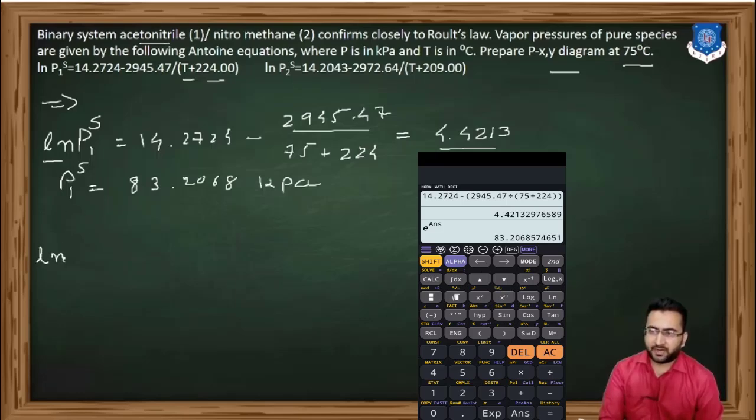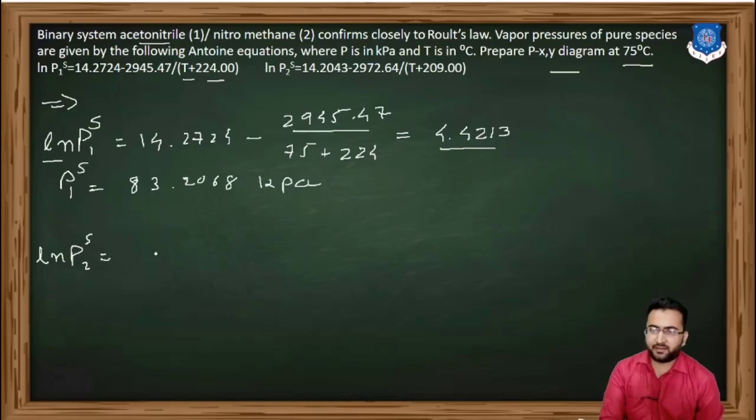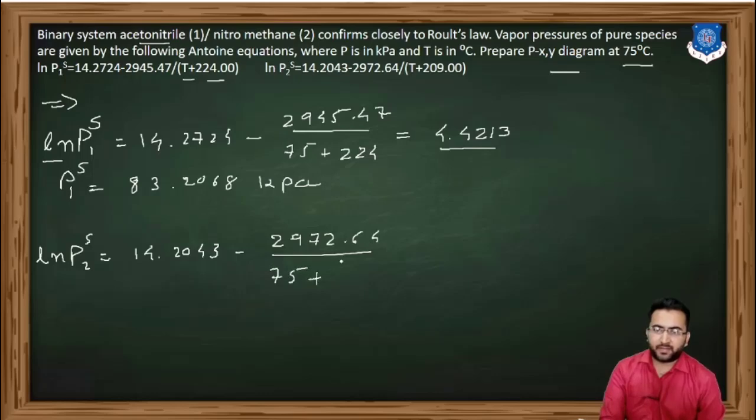Now let's write P2 saturated. For P2 saturated, this equation becomes 14.2043 minus 2972.64 divided by the temperature, which is 75, plus 209.